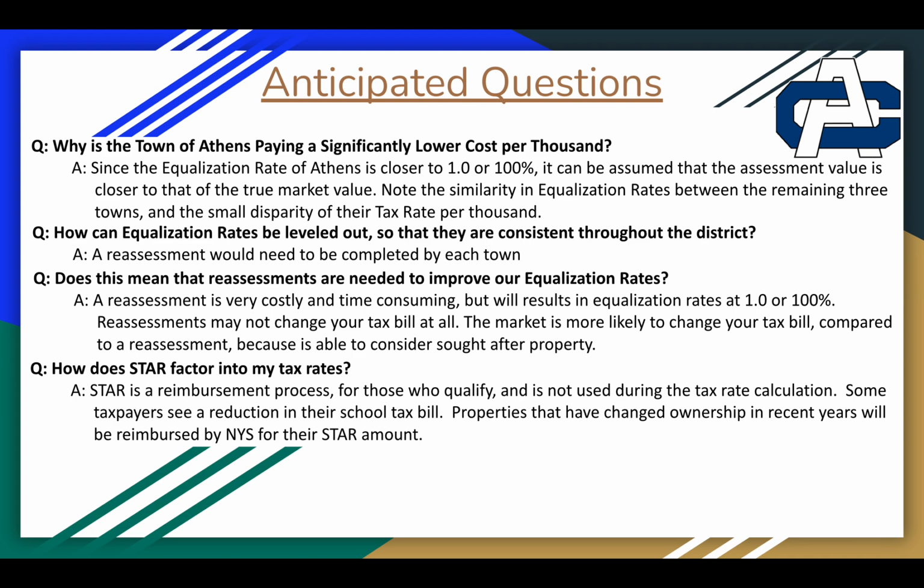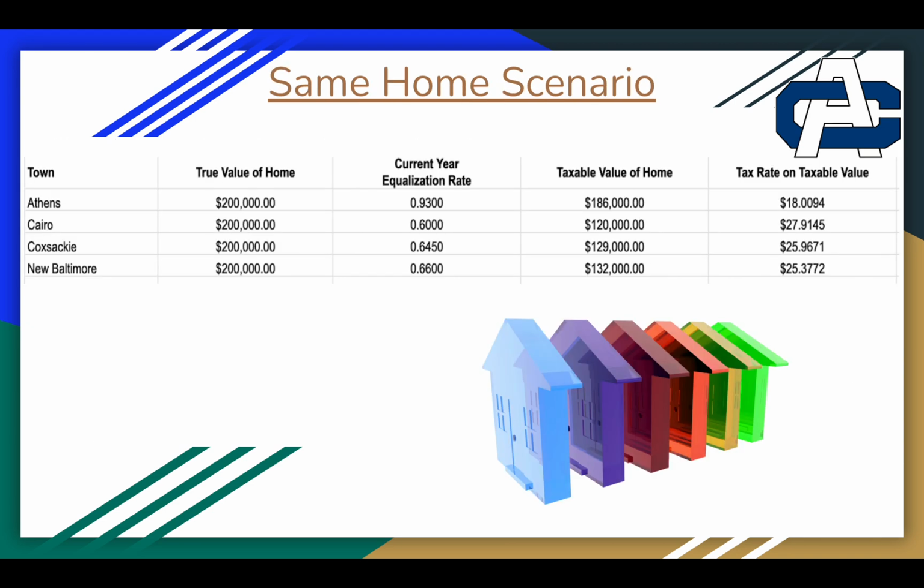Note the similarity in equalization rates between the 3 remaining towns and the small disparity of their tax rate per 1,000. To go back to the previous slide, or 2 slides to show you, the tax rate on the taxable value is in the 25 to 27 range for Carroll, Coxsackie, and New Baltimore, and their equalization rates are in the 60s.